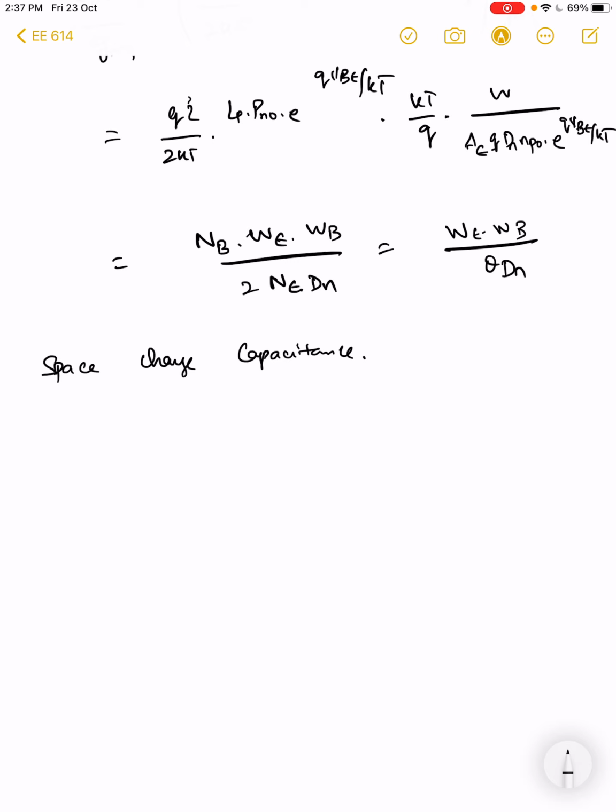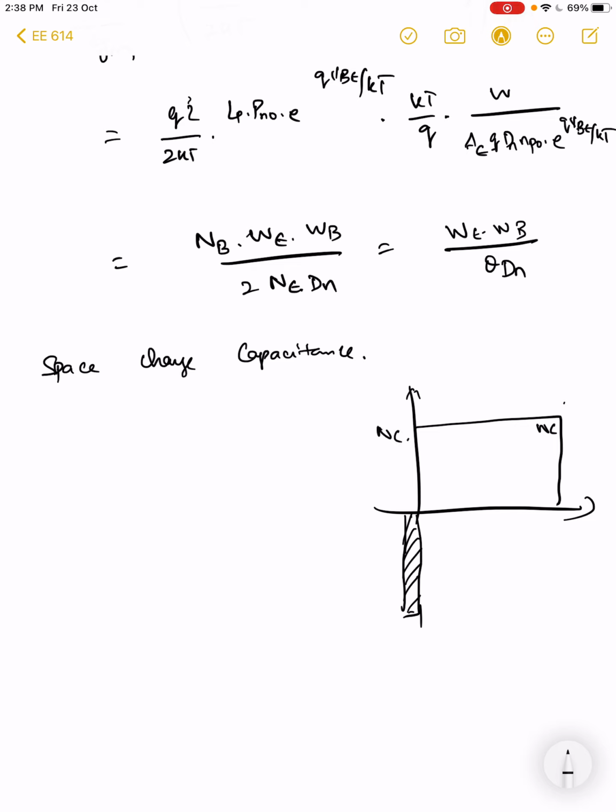So now let us consider the space charge region in the collector base junction. We have some base depletion space charge, which is much smaller in comparison to the collector side, because the collector is weakly doped. So we have some NC here, and some width of the collector depletion.